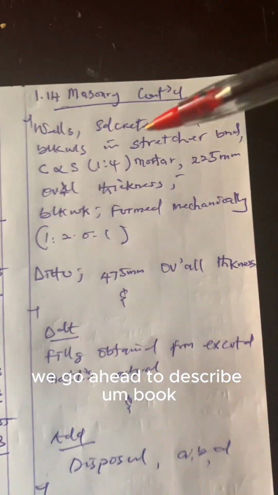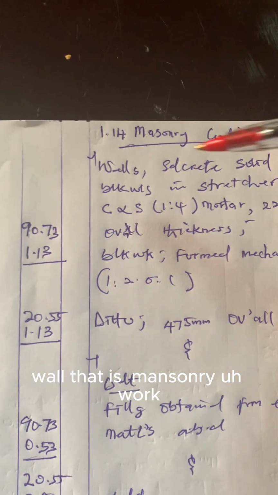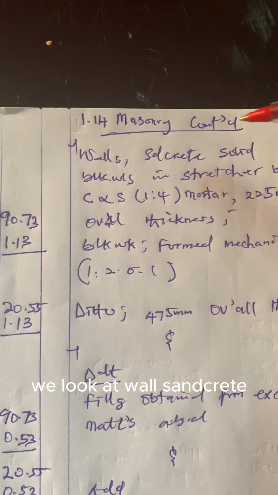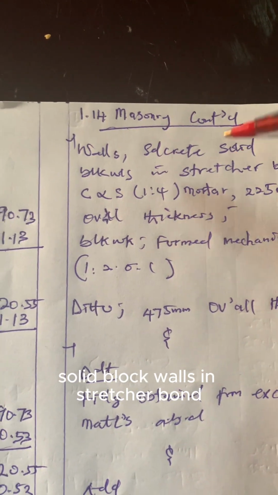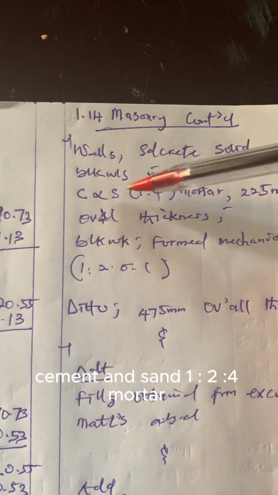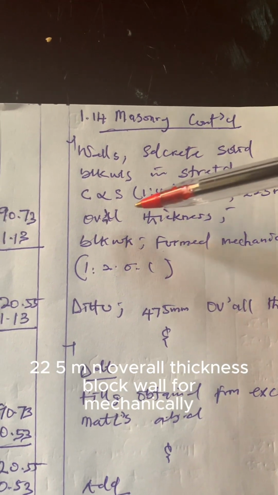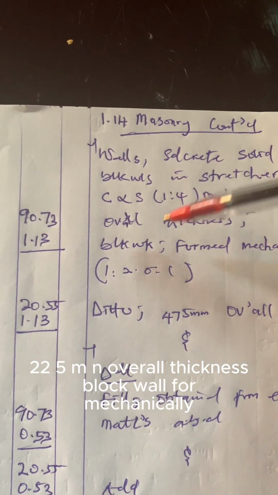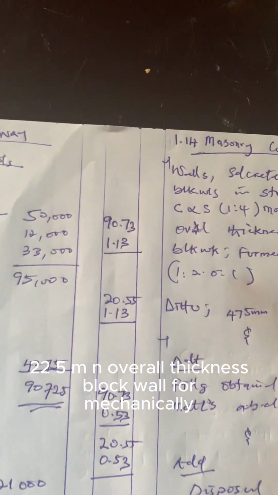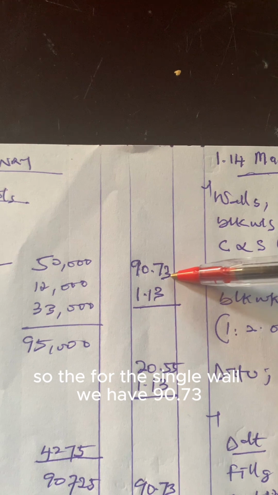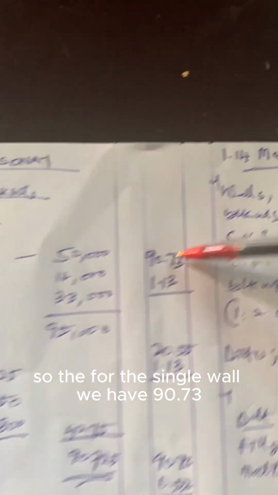So having established these figures, we go ahead to describe and book wall, that's measured work. We look at wall, concrete solid block walls in stretcher bond, cement and sand 1:4 mortar, 225 mm overall thickness, block wall for mechanically. So for the single wall, we have 90.73.